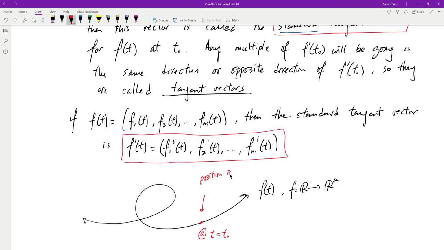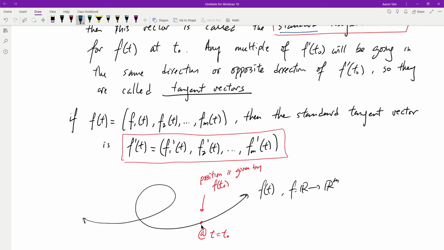The position at this point is given by f of t sub 0. Remember we talked about it: the function f gives you the position vector at any given t value. So at t sub 0, the position will be given by f of t sub 0.